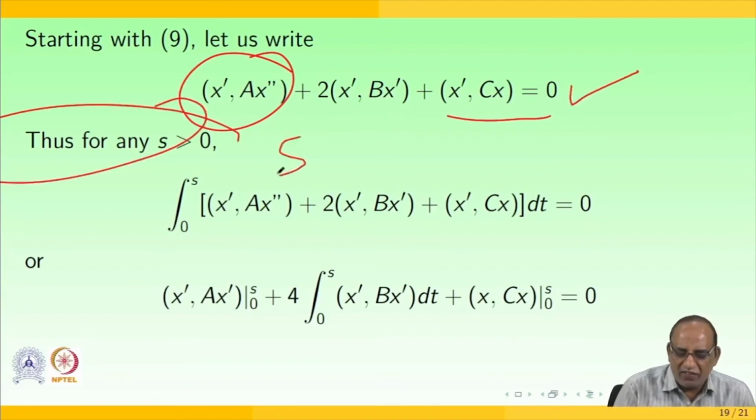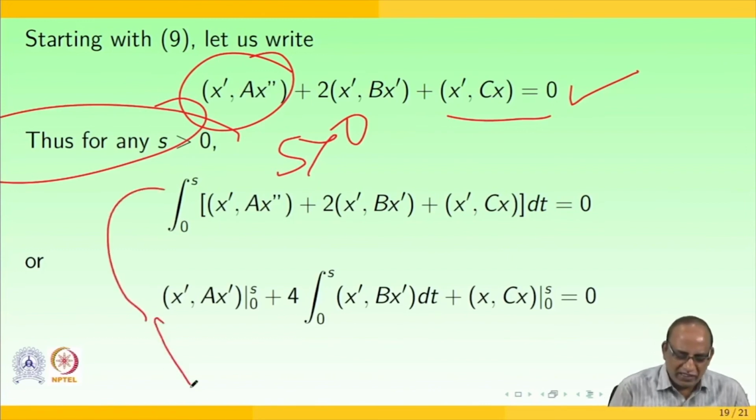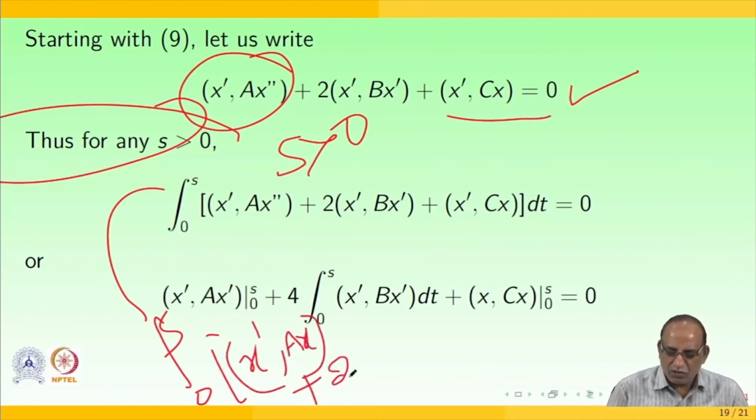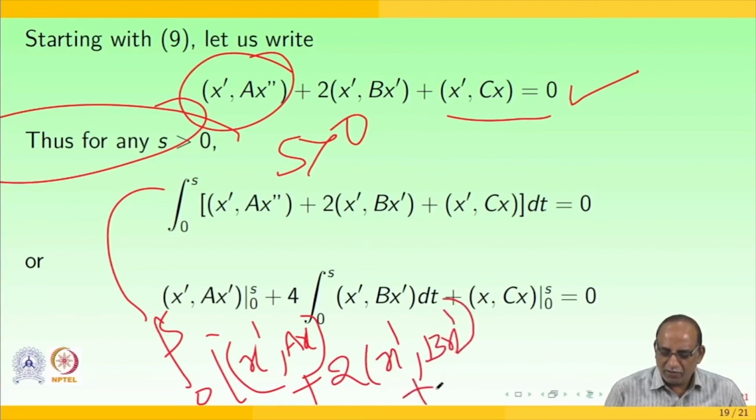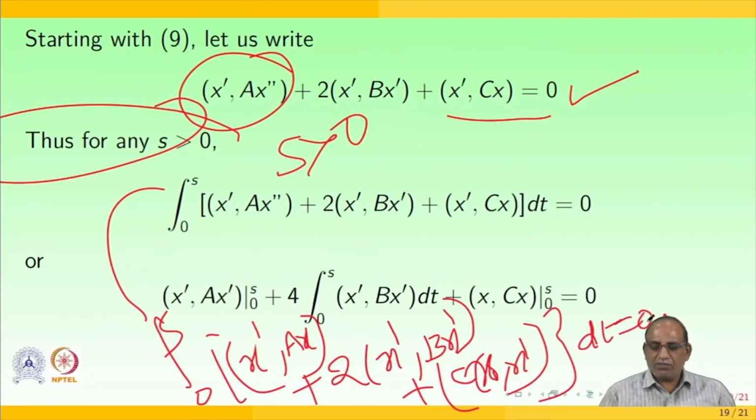This is valid for any s greater than 0, which you can write as the integral from 0 to s of x prime A x double prime plus 2 x prime B x prime plus C x comma x prime, dt, is equal to 0.